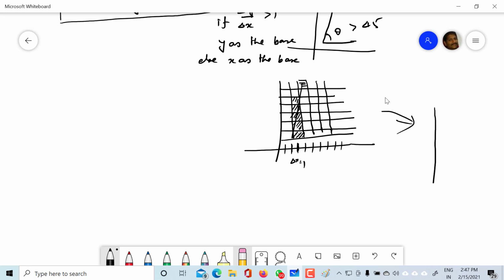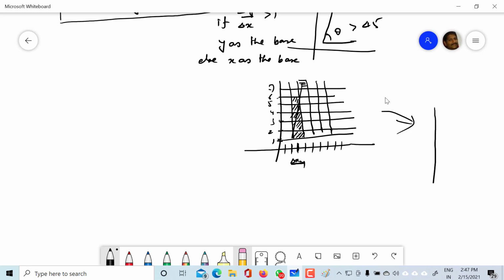But if you are taking y as the base in the same case, that means you have taken this as 1, 2, 3, 4, 5, 6, 7. If you are taking y as the base, then you have a very good option to choose which x you should take for that particular increment of y.